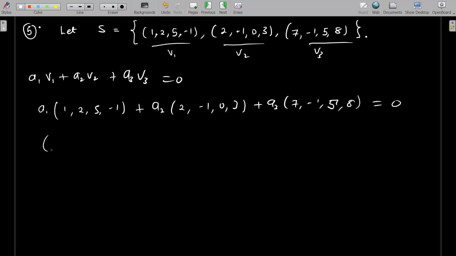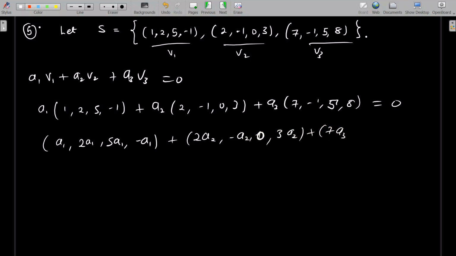And if you do this, you're going to have a1, 2a1, 5a1, and then minus a1, plus 2a2, minus a2, 0, and then 3a2, and then plus 7a3, negative a3, and then 5a3, and then 8a3, and everything should be 0.